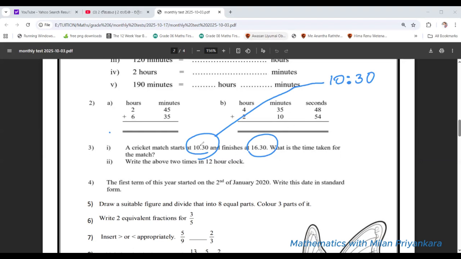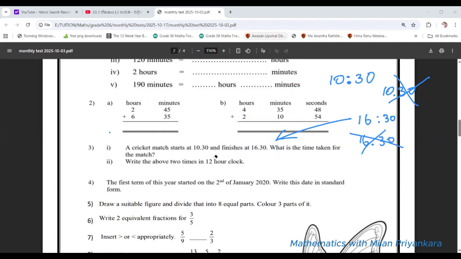But you can see here, this has only a dot, like 10.30. Now this is wrong actually. Also 16:30 should be written 16 colon 30, not 16.30, right? So this is a kind of printing mistake.